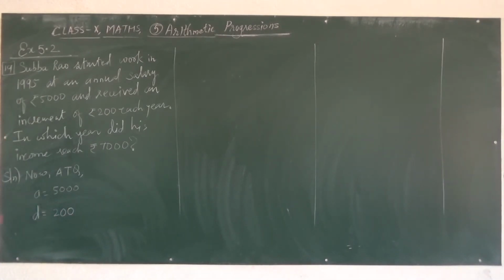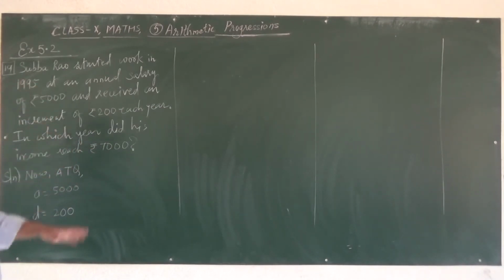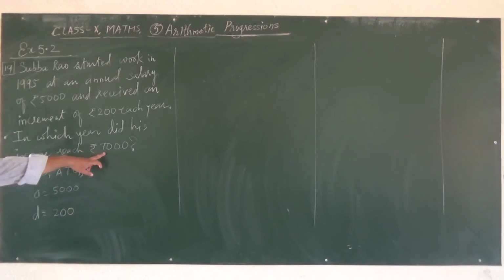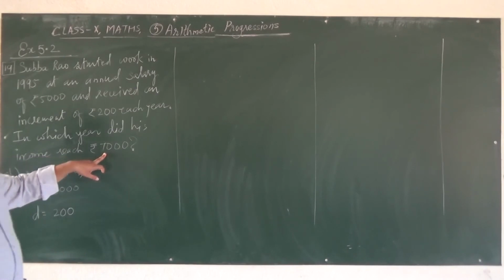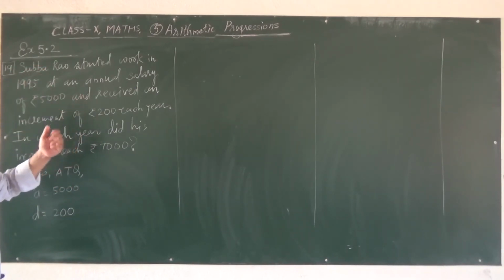He started the job in 1995. In which year will his income become 7,000? So you want to find the year. So 7,000 is his nth term, since his salary is an example of an AP.